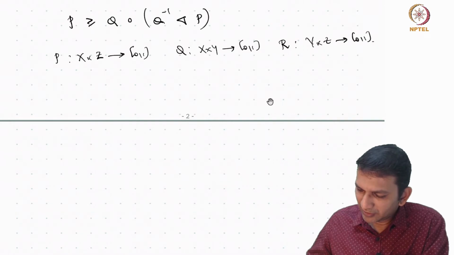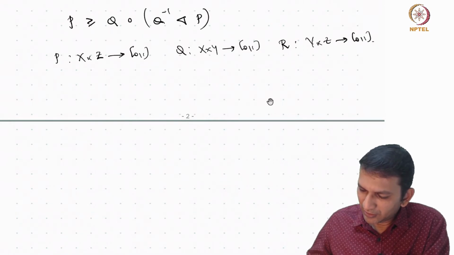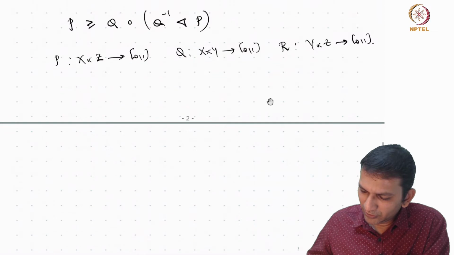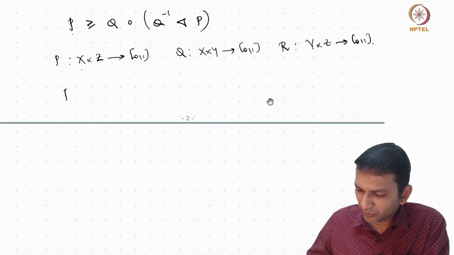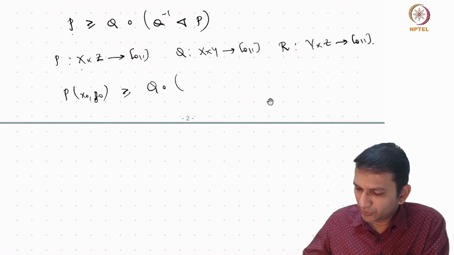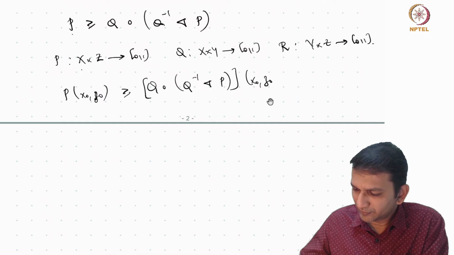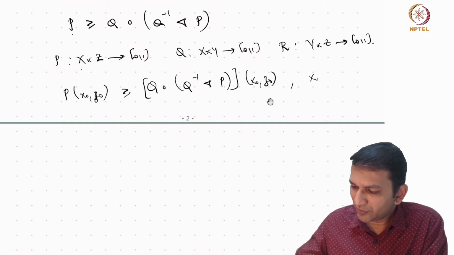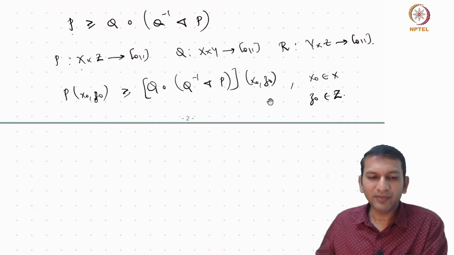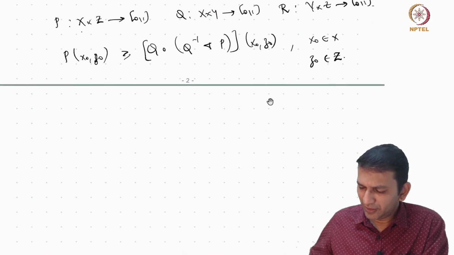Now, if you want to prove this, note that P acts on two values x0 and z0. So we need to show this is greater than or equal to Q circle Q inverse delta P for arbitrary x0 from X and z0 from Z.